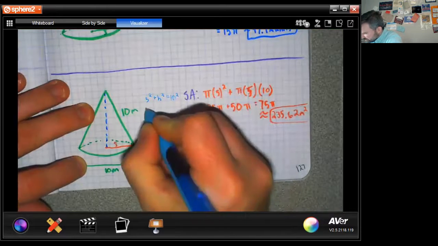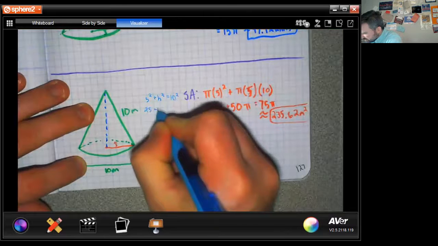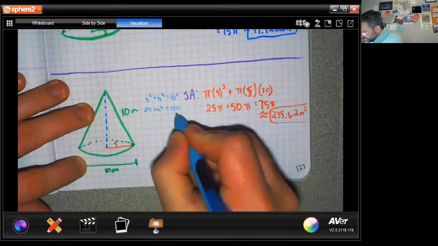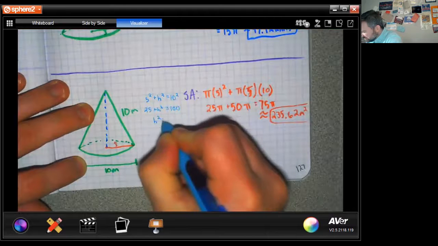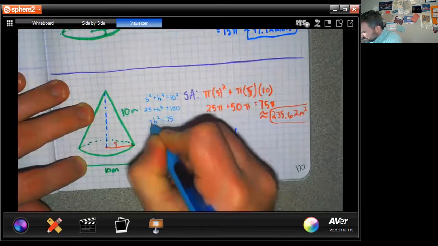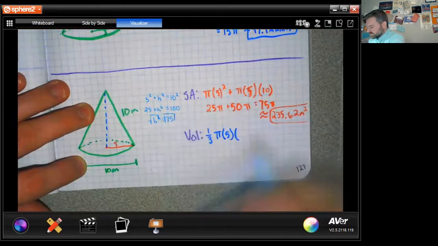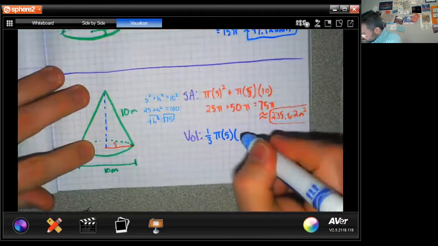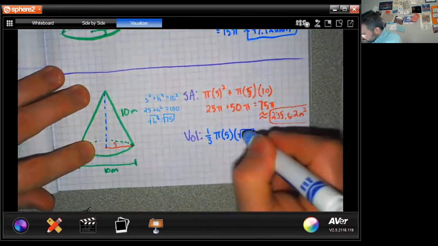So 5 squared is 25 plus h squared equals 100. Subtract 25, so h squared is 75. Square root of that. Square root of 75 doesn't have a perfect number, so we'll leave the square root of 75 in there.